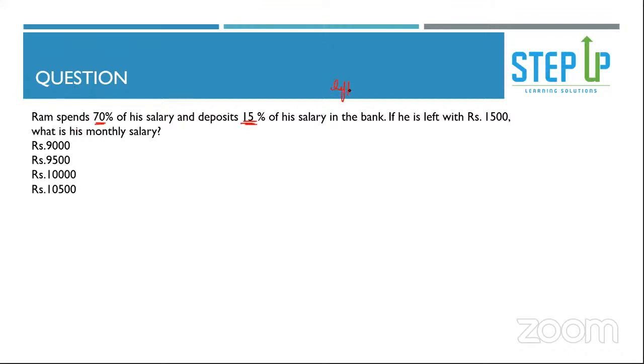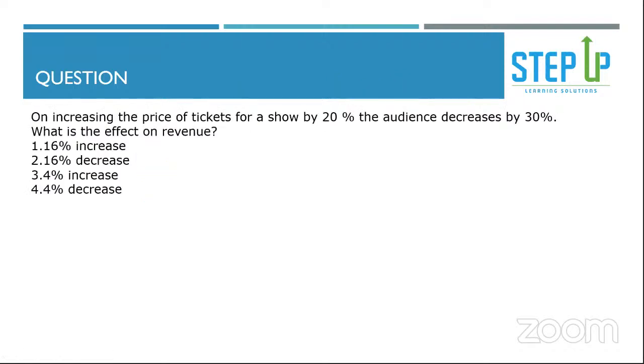It means that he would have left with 70 plus 15, which is equal to 85%, right? So he is left with 15%, and this 15% is equal to 1500. So if 15% is equal to 1500, 100% will be equal to what? 100 into 100, 10,000 will be your answer. Fairly simple. Yeah, all of you have got it. Okay, how about this?